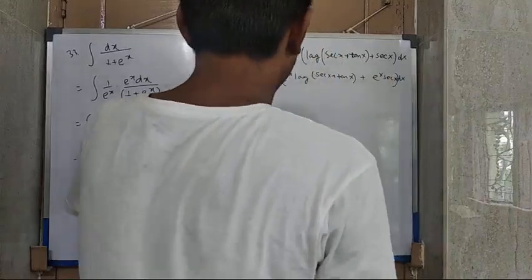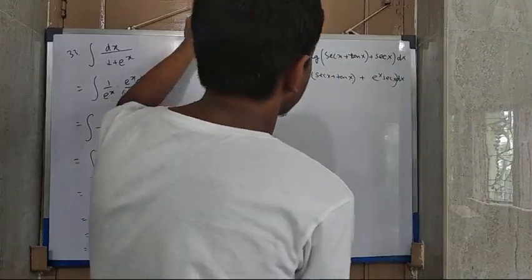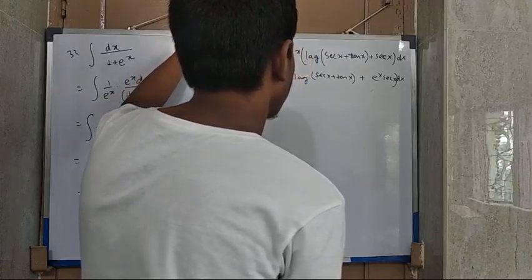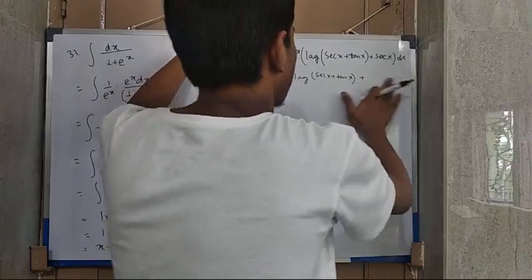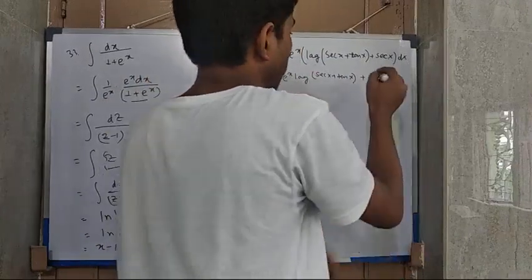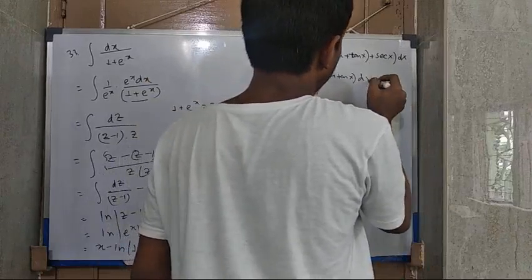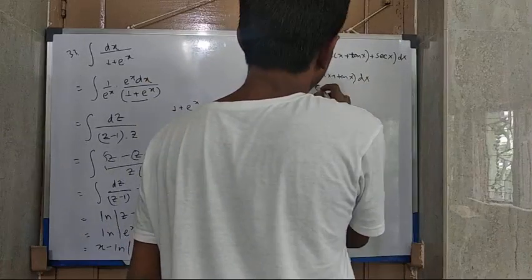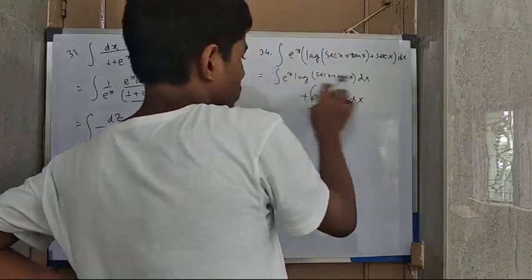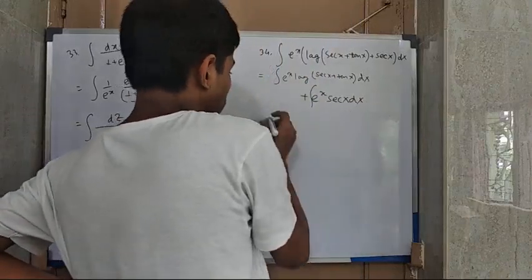So just divide it in two parts. So this is e to the power x sec x dx. Now don't touch the other one. Let's just integrate this one separately.